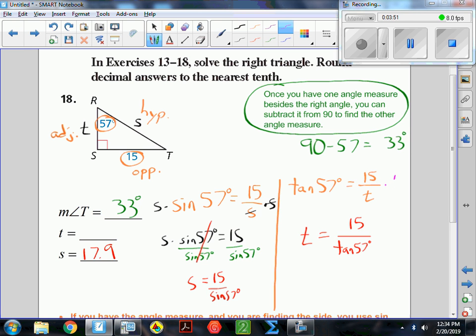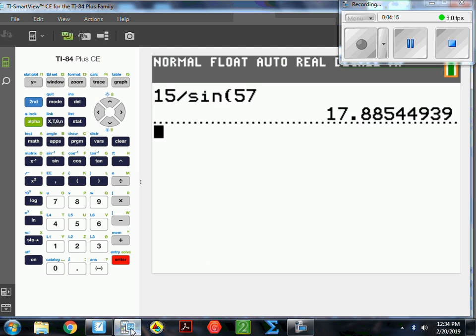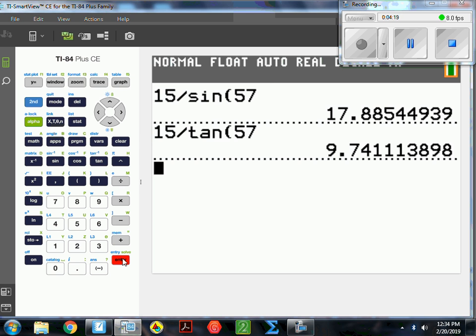It starts by multiplying both sides by T. Multiplying and dividing by T on the right cancels that to a 1. And then dividing both sides by tan 57. So multiplying and dividing by tan 57 on the left goes to 1. So on the left side I just have a T, on the right side I have 15 divided by tangent 57, which is 9.7.